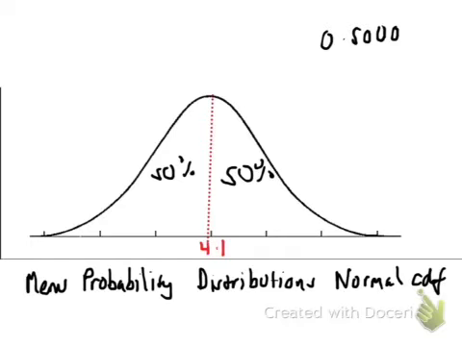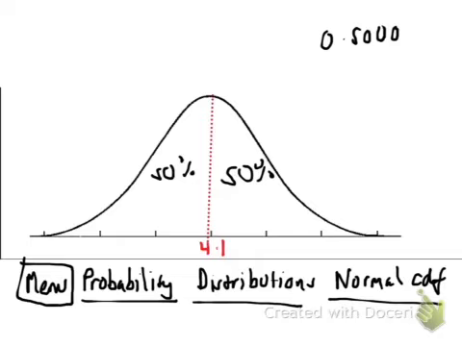I'll show you how to work these out now using our TI Inspire calculator. On the calculator screen, start off with menu, then probability, then select distributions, then select normal CDF.